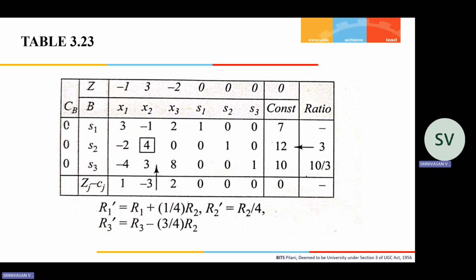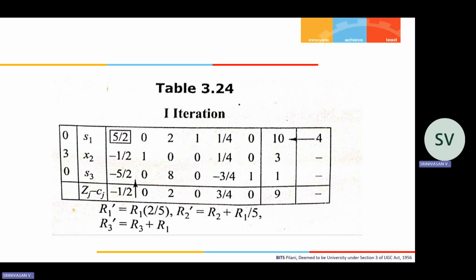R1, this minus 1 plus 1 by 4th of this R2. 1 by 4 into 4, it's 1, minus 1 plus 1, 0. Similarly, this 3 must be made 0. So R3 minus 3 by 4 into R2. So you will get here 0, 1, 0. Correspondingly, we will have changes in your other elements also. That is done by elementary row operations.